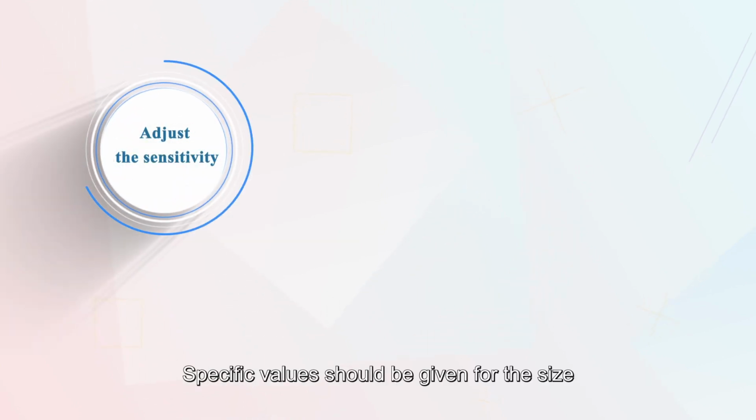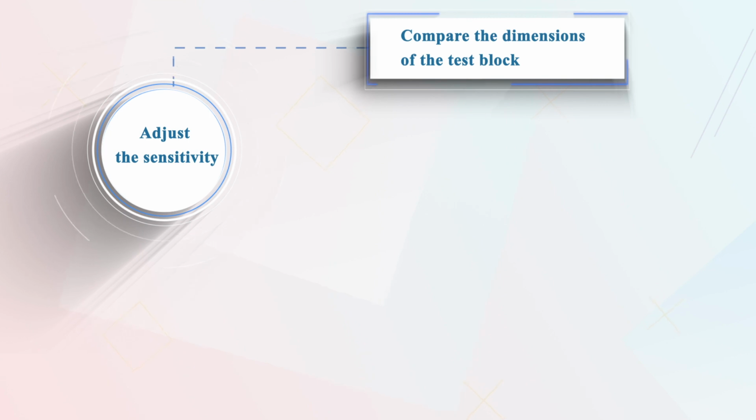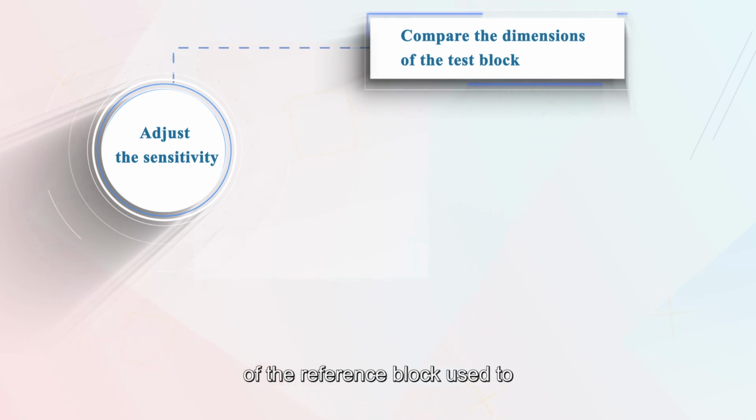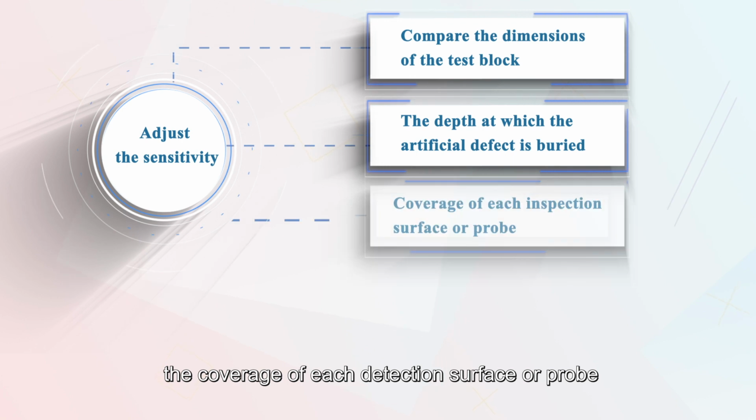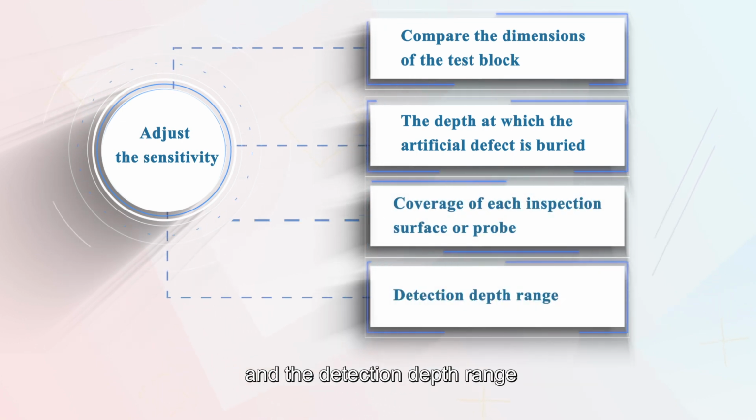Specific values should be given for the size of the reference block used to adjust the sensitivity of the instrument, the buried depth of the artificial defects, the coverage of each detection surface or probe, and the detection depth range. In addition, the steps that have a greater impact on the results during the operation should also give specific requirements.